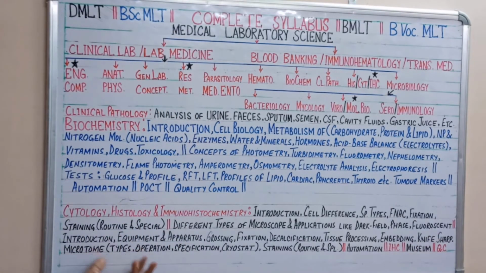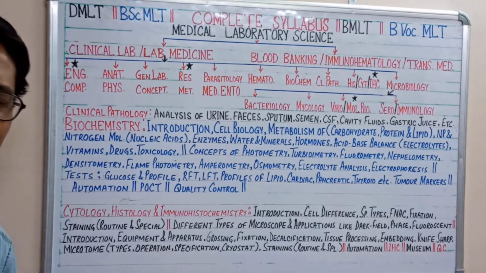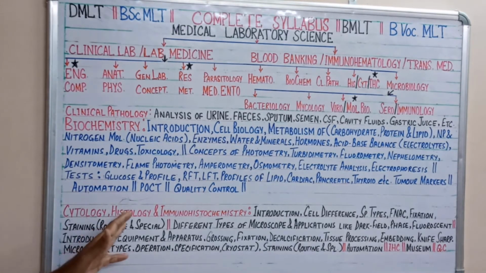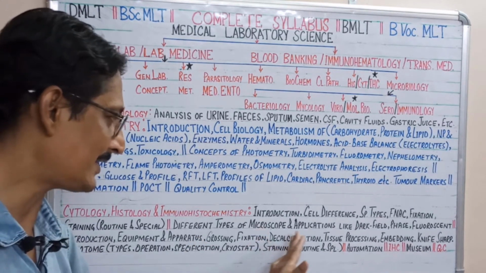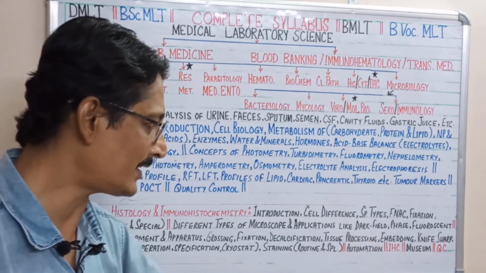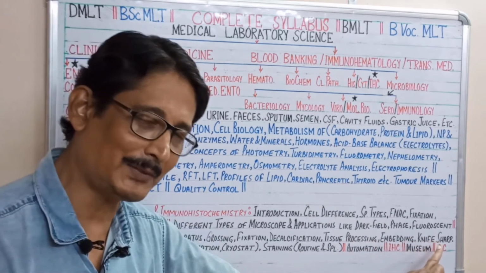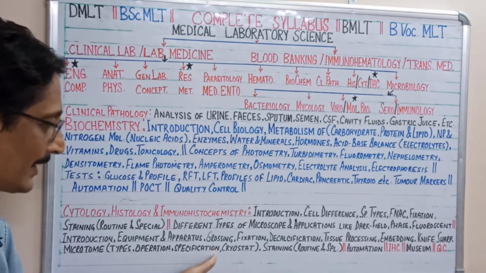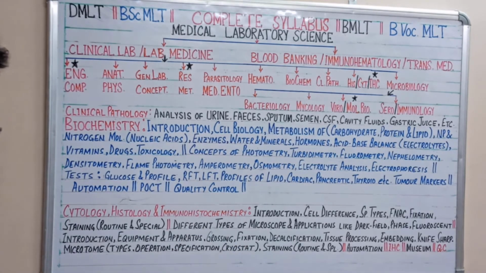Apart from that, you have to study the equipment and apparatus used in the histological lab. The grossing techniques, fixation, decalcification, tissue processing, embedding, knife sharpening. Knife sharpening is very important. And the different types of microscope: types, operation, specification, and the cryostat.